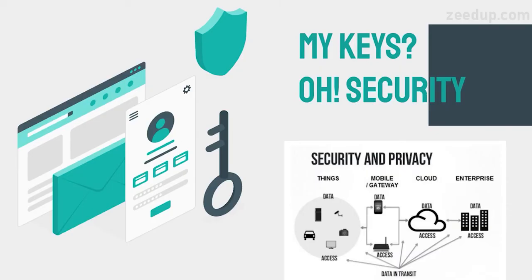Coming to the advantages and disadvantages, I want to tell you what exactly security means. Your security is not just two-step verification or something like WhatsApp. IoT security is much more secure than anything, the most highly secured data files.